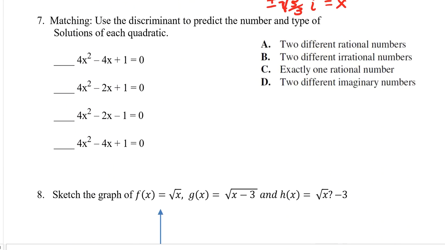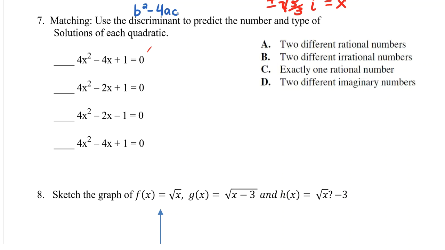Question 7, and instead of matching, these might be given as 4 separate multiple choice questions in test format. But let's remember what the discriminant is. That's the part of the quadratic formula under the square root. So because it's beneath a square root sign, if it is a negative number, then we just found out that we get imaginary answers.